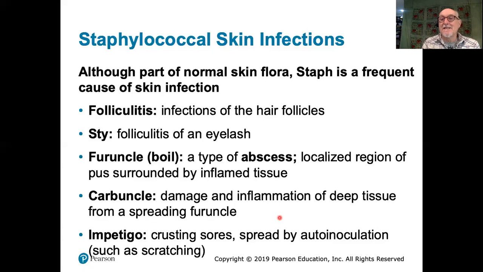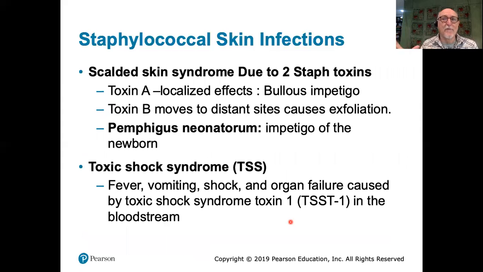And this is impetigo. It often starts as something that looks like a folliculitis, and then gets spread by scratching, and wounds from scratching become infected, and it produces a characteristic kind of look to it, which we refer to as impetigo.